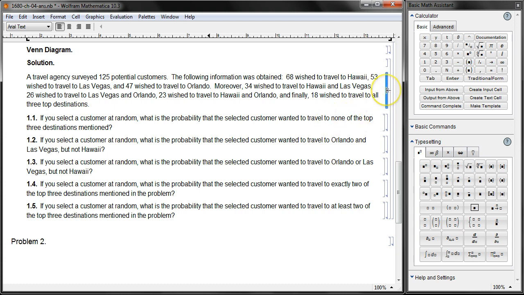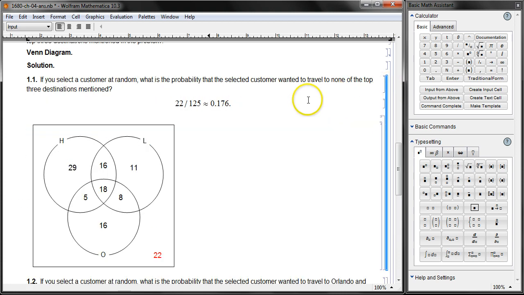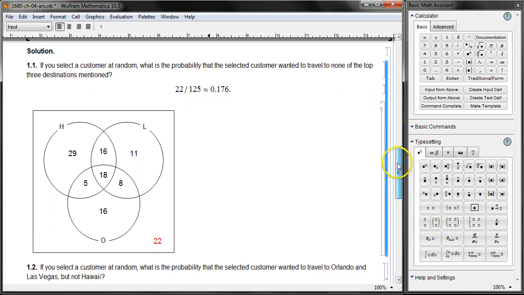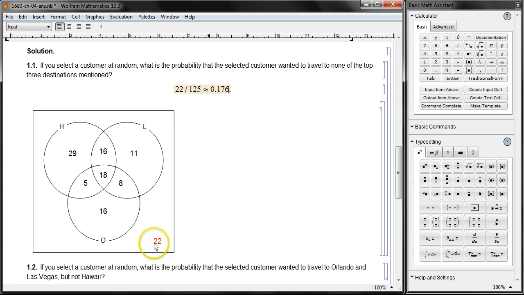Well, how do we handle that? None of the top 3. So these 22 people out of a total of 125, we end up with 0.176. That's the probability. Easy.